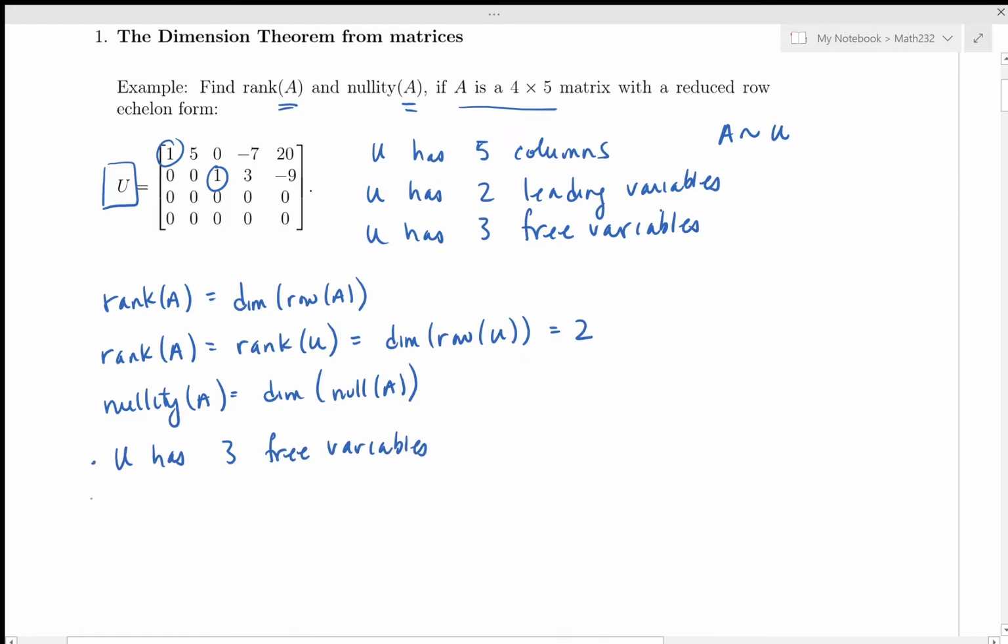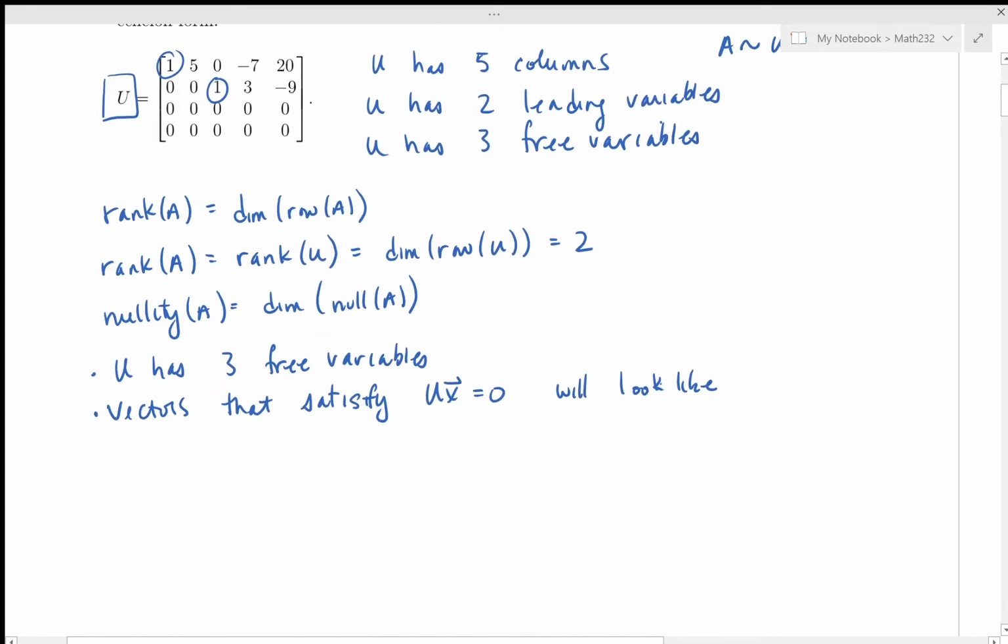And we have then that the vectors that satisfy Ux equals 0, that is, that are in the null space, the vectors that comprise the null space of U will look like this.